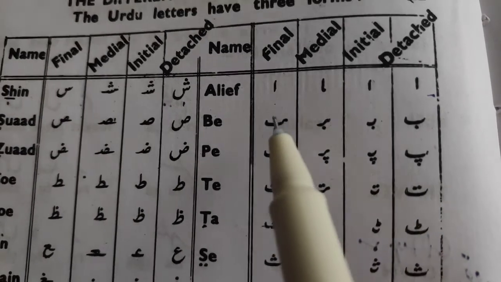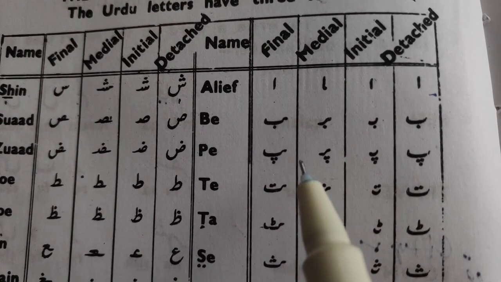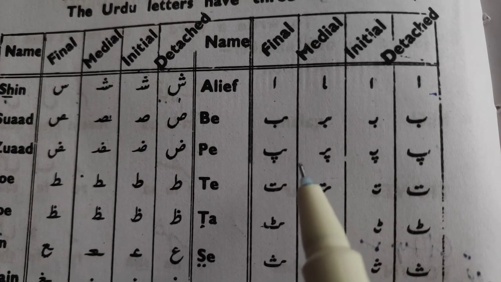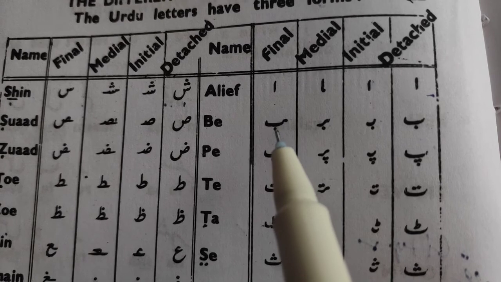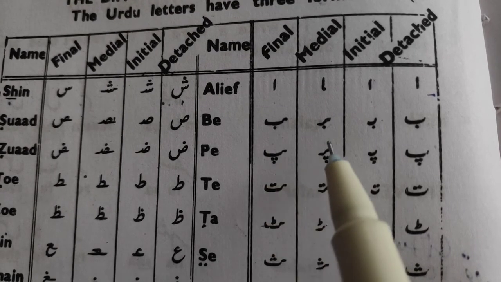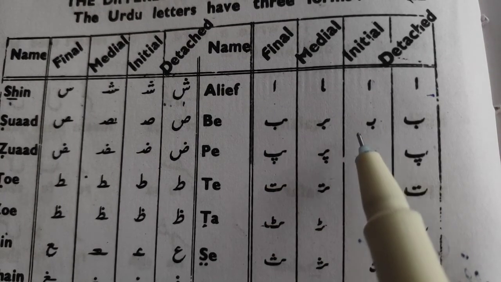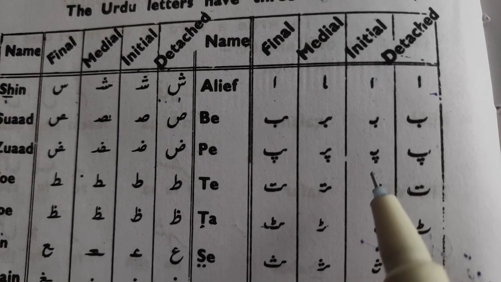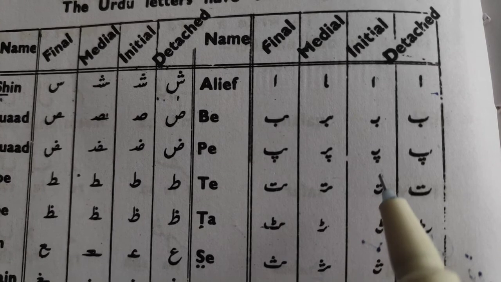Don't be confused between be and pe. In Urdu, none of the letters have the same symbols. If be and pe look the same, it is just because of the dots: be has one dot and pe has three dots, so they differentiate themselves very easily.